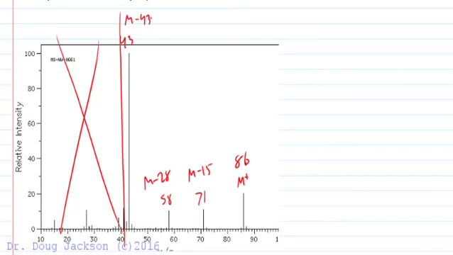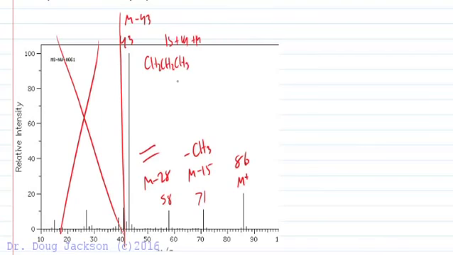And so when we diagram it, we diagram not only what mass it is, but we diagram what we lose from that mass, and then we can venture a guess that this is loss of methyl, that this is loss of ethylene here, 28, and for 43 we can run a series of options here, but 43, 15 plus 14 is 29, plus 14 more would be minus a propyl group.